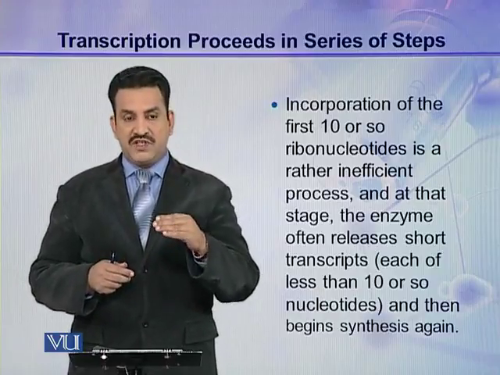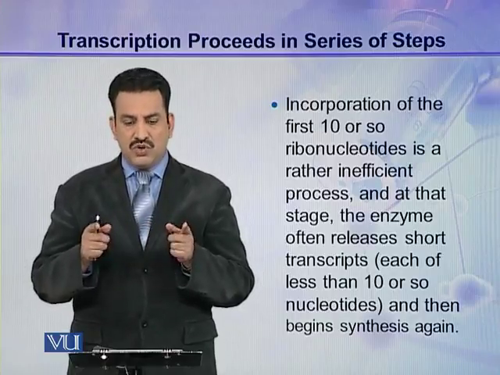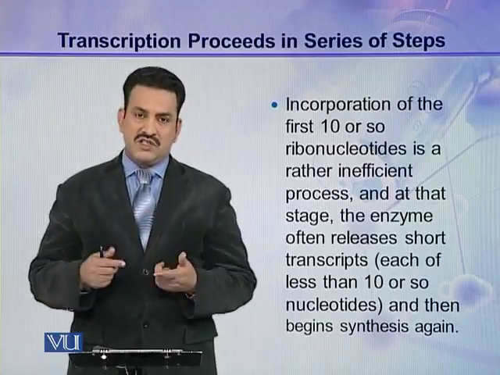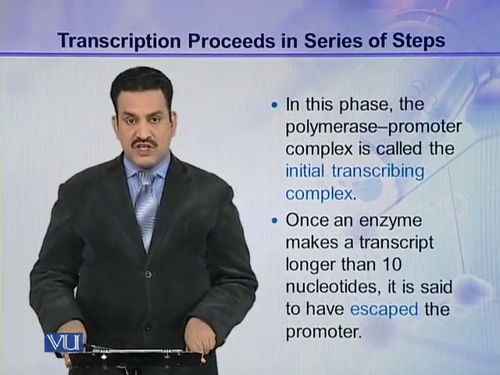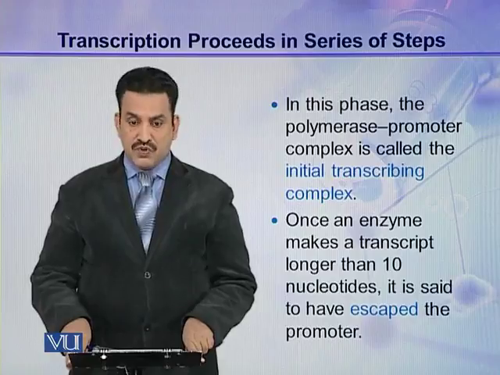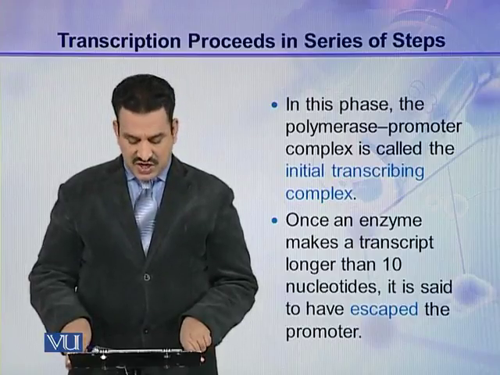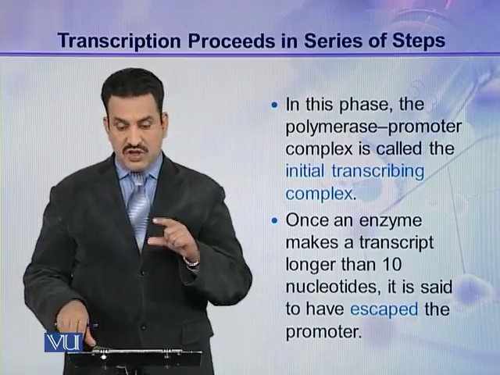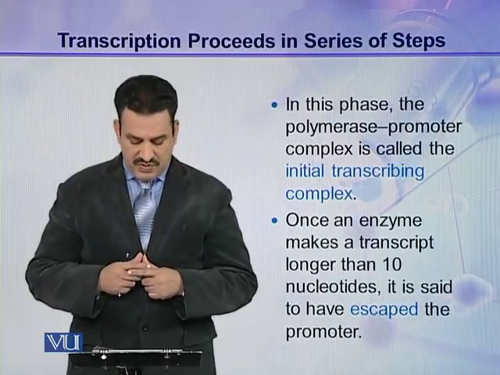So the first synthesis of about a 10 nucleotide long transcript is inefficient. In this phase, the polymerase promoter complex is called the initial transcribing complex.